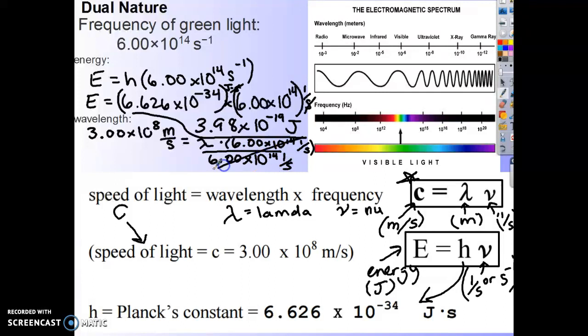Alright, so that'll cancel here, and we'll have it over here now, 6.00 times 10 to the 14, 1 over seconds. Okay. So you should be able to see here that our seconds are going to cancel when we divide this, and our unit we'll be left with is meters. So all you have to do is put in this scientific notation.